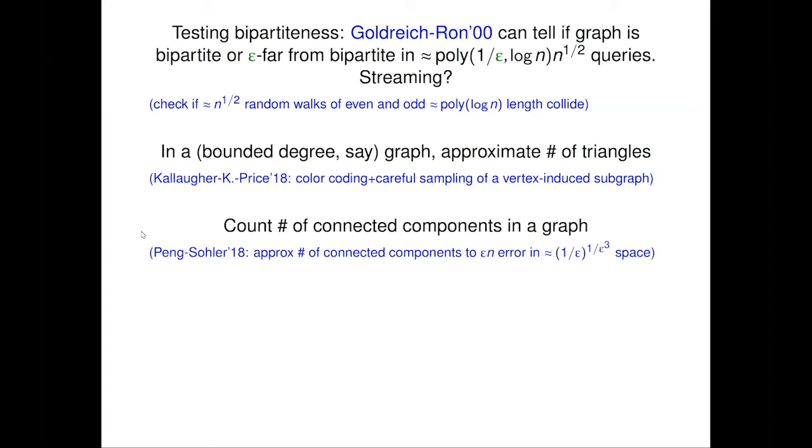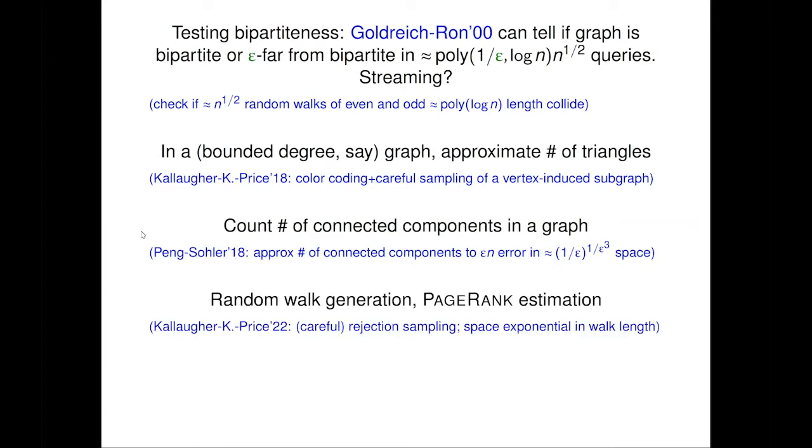Or perhaps we are in the random order streaming model. We're getting a randomly ordered stream of edges of a graph, and we want to approximate the number of connected components. A beautiful recent work of Peng and Zoller shows that you can do this to a good precision in a surprisingly low amount of space. Or perhaps we're given a randomly ordered stream of the edges of the input graph, and we want to estimate the page rank of some subset of vertices or generate random walks.